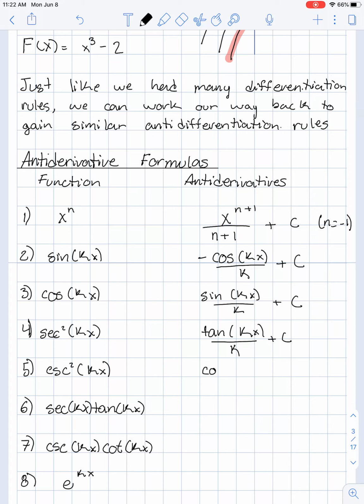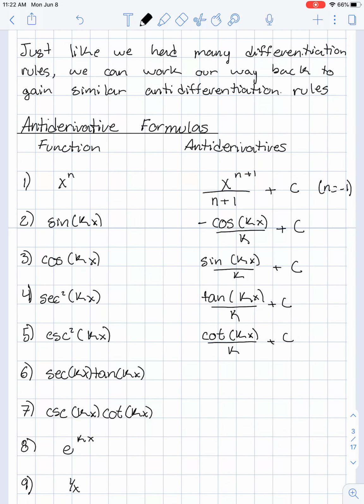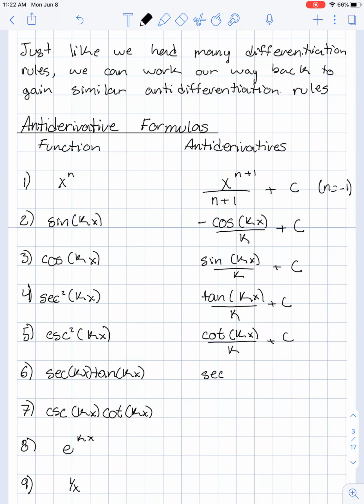Cosecant squared is the derivative of cotangent. The best way to know all the antiderivative rules is to really know the derivative rules.